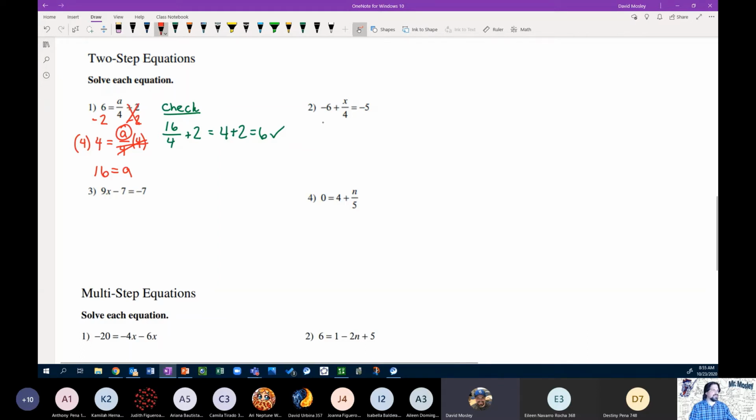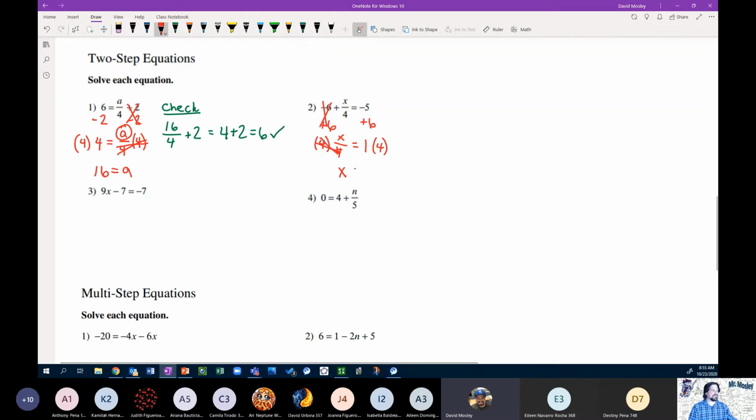Our first step will be to add 6 to each side. Our minus 6 is gone. We have x divided by 4 that comes down with us here. Negative 5 plus 6 is 1. Again, we're going to have to multiply by 4 on each side. The division goes away.